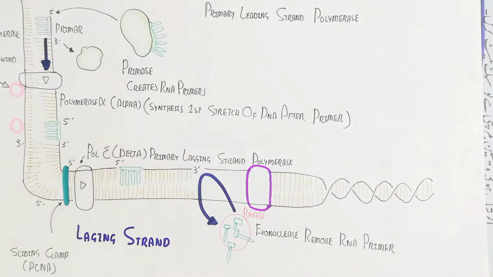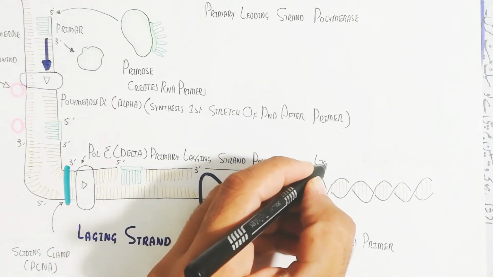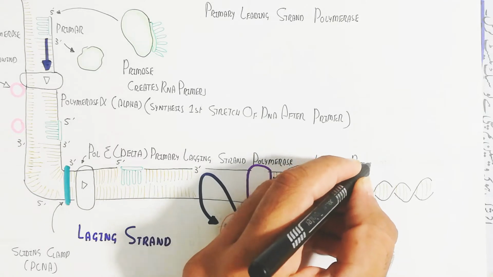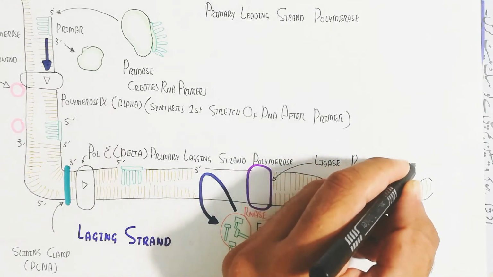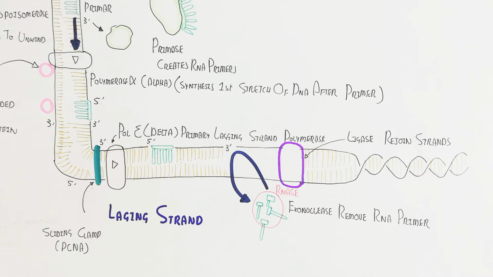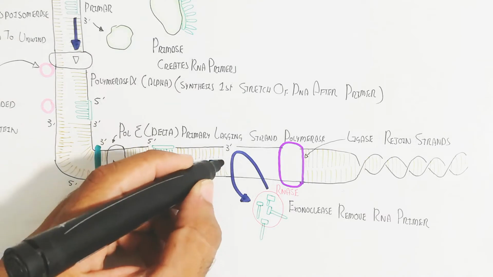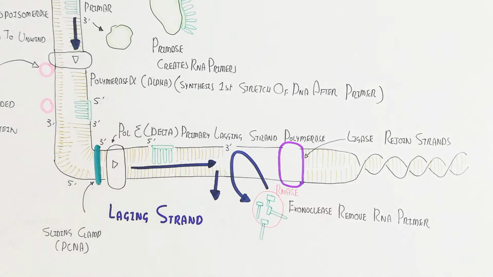The Okazaki fragments are rejoined by ligase, and the ligase enzyme is used to seal the gap between the Okazaki fragments. The polymerase also fills the primer site. The ligase enzyme ligates the strand, so the segment is covered.